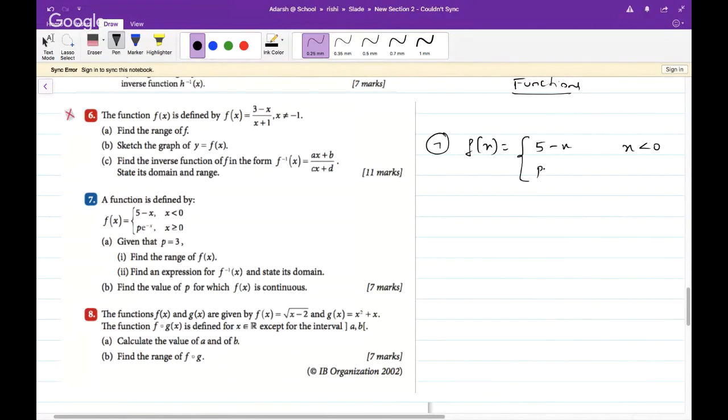The other is p times e to the power negative x when x is greater than or equal to 0. First part: given that p is 3, find the range of f of x. So the function is 5 minus x and 3 times e to the power negative x.